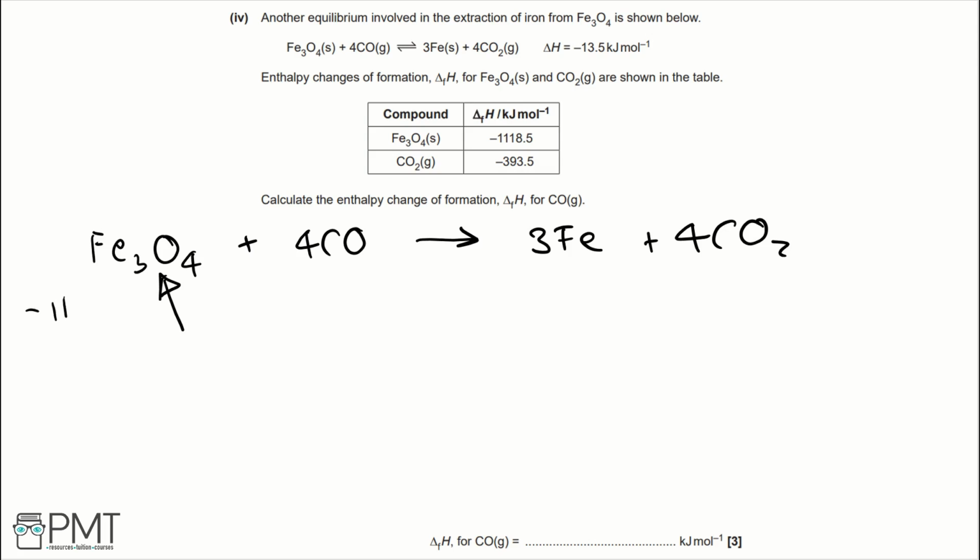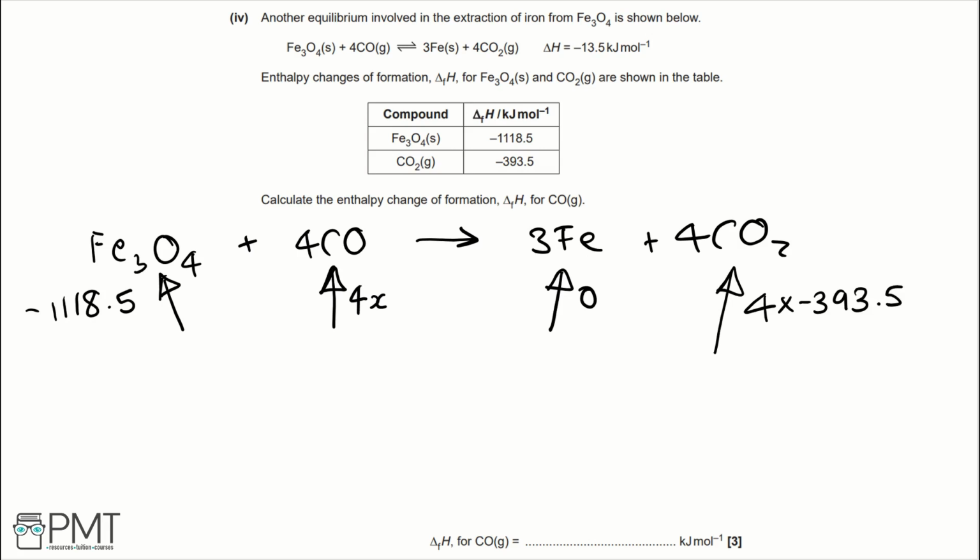It's minus 1118.5. We don't know carbon monoxide, so that'll be 4x. Iron, that's 0 because it's already formed in its basic state. And CO2 is 4 times minus 393.5. I know these values from our table that we've been given. We can then write our delta H for the overall equation over the arrow, so minus 13.5.